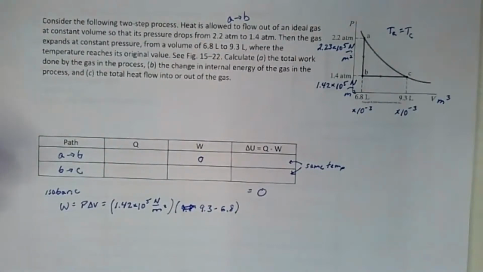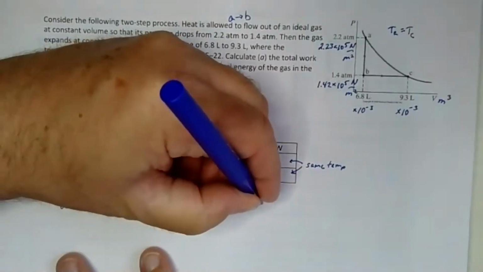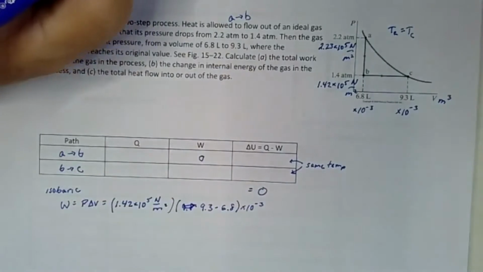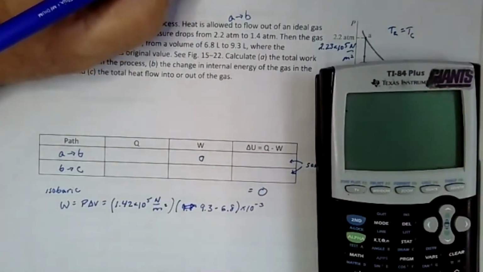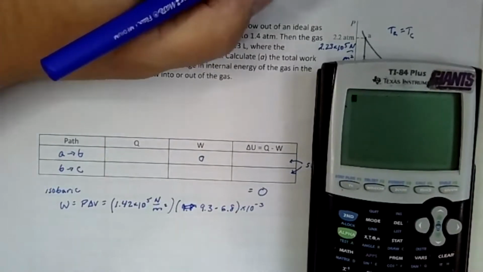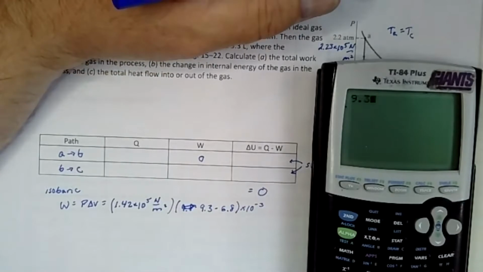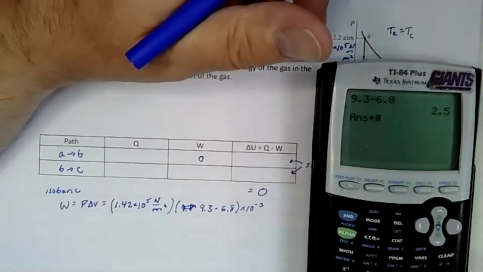And don't forget the 10 to the minus 3 thing. Okay, let's bring in our calculator and we'll take care of that. So 9.3 minus 6.8. And then we're going to multiply by 10 to the minus 3. A couple of different ways to do this.